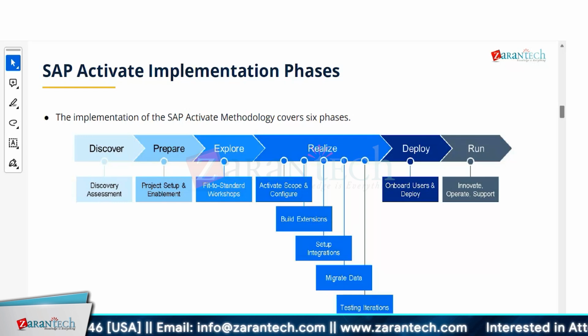Again, coming to the final part, once you have done everything, you will have to go into testing, right? So all the testing iterations could be unit testing in development, then integration testing in quality, user acceptance testing, regression testing, performance testing.